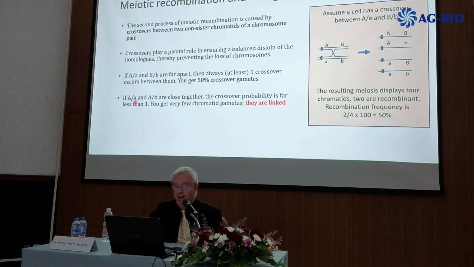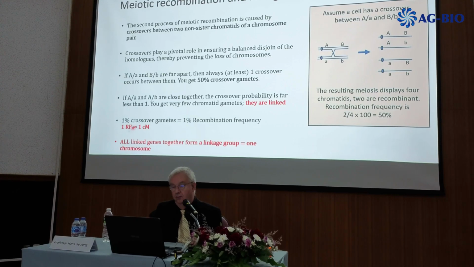So if capital A small a and capital B small b are close together, assume that you have A and B next to each other, the crossover probability is far less than 1. You get very few recombinant chromatids, hence you can say these two genes, these two loci, are linked. And 1% crossovers or 1% recombination roughly corresponds to 1 centimorgan.